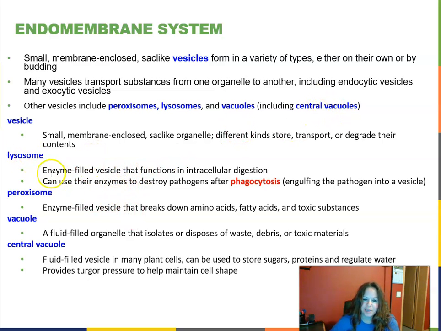So lysosomes, we get our definitions here. Those have the enzymes and are good for digesting things. In fact, if you're like an amoeba, a single-celled organism who doesn't have a digestive system like you do, you rely on your lysosomes to digest things.